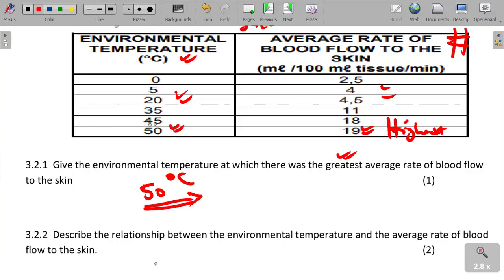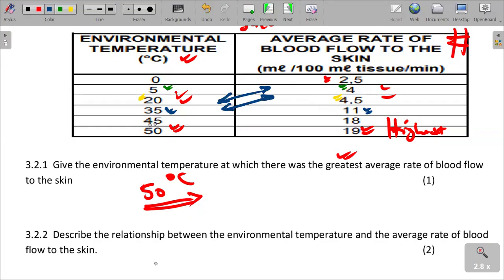At 0 degrees Celsius, we have got 2.5, and then as it goes, we have got 5, and then it goes to 4. We have got 20 degrees Celsius, we have 4.5, and we have got 35, and then we have got 11. So what is happening is we are seeing an increase. These two are increasing.